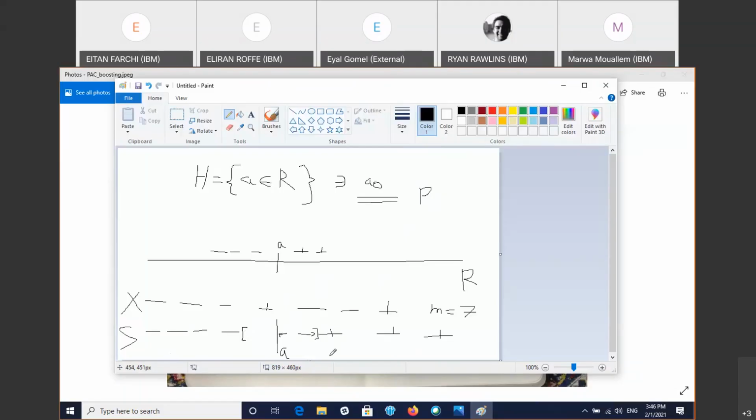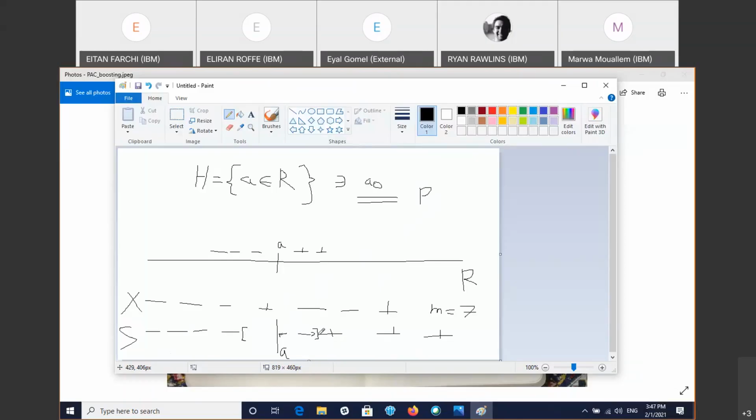Intuitively, if you get more and more points, then it will be more and more representative, right? If we have a gap here, then the probability of the gap is smaller and smaller. That's the intuition.